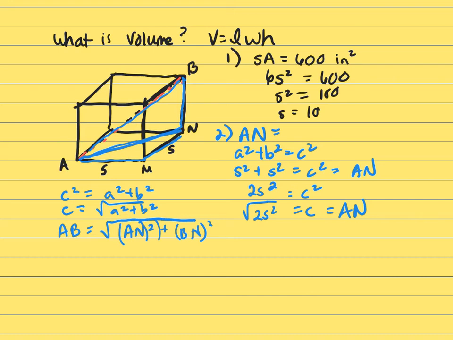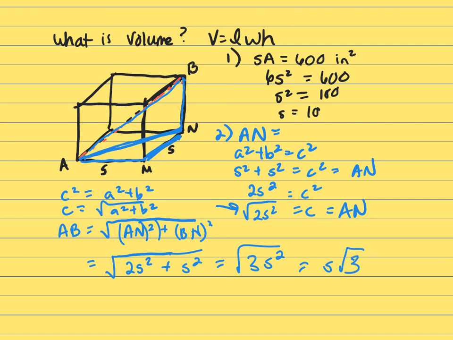And we know that AN squared is 2S squared, plus, of course, this line here is S squared. So that equals the square root of 3S squared, which is S times the square root of 3.